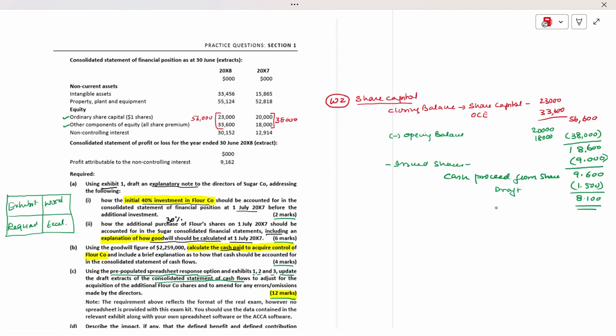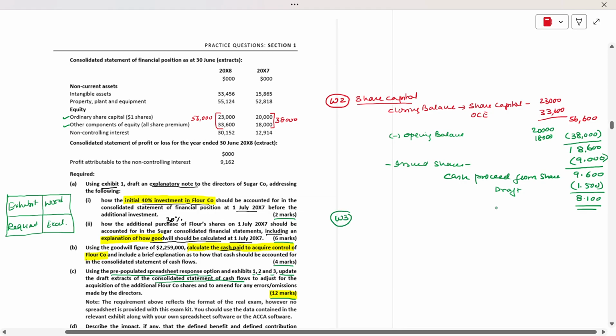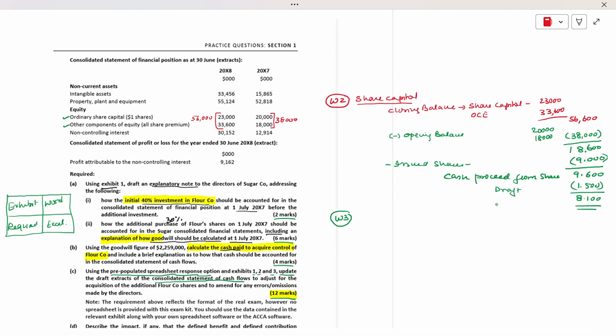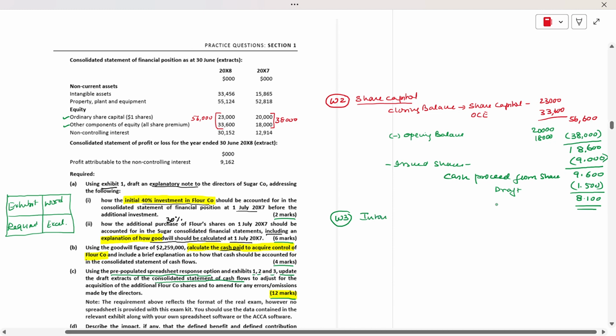Now I am doing working 3, with respect to working 2. Next, working 3. We are talking about intangible assets.